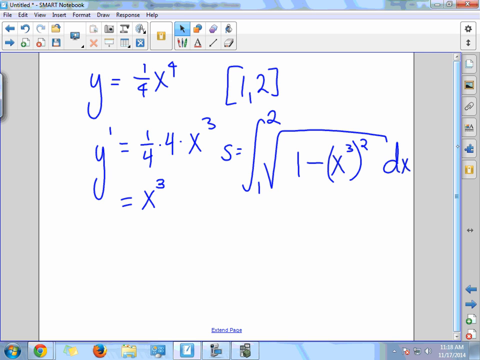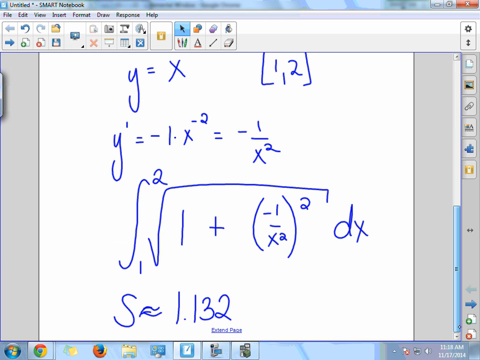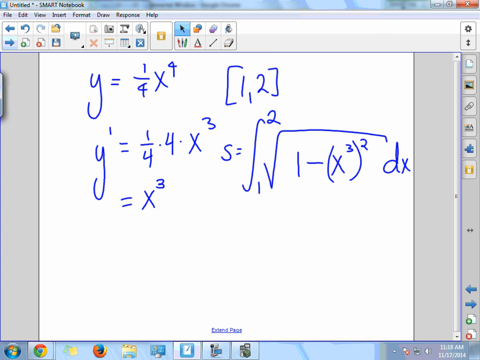Let me check something really quick. Okay, I just misplaced the minus sign there. Definitely this should be plus. I apologize. 1 plus f prime of x, all squared.